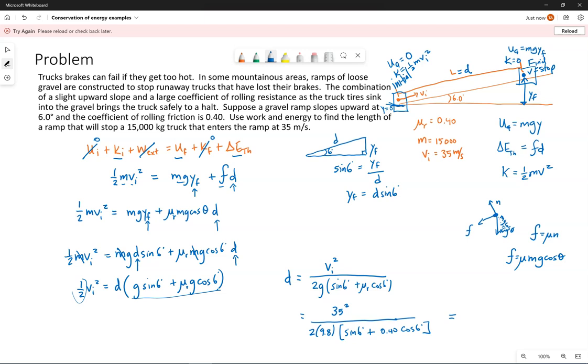Just plugging it into my calculator now. I'm getting 124. Let's see, we have 2 sig figs, so approximately 120 meters per second. Or sorry, meters, not meters per second.